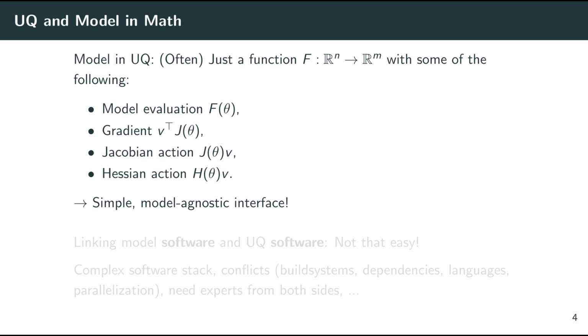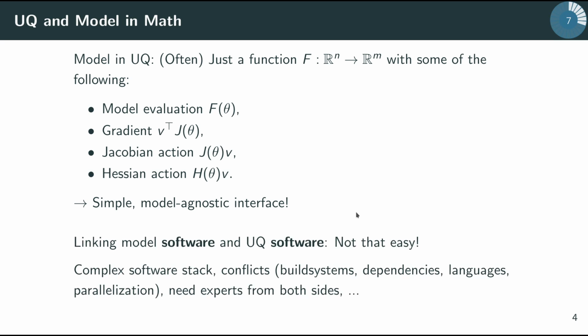But despite this rather promising model-agnostic interface, in practice, it really doesn't play out like that. The UQ community, for example, has very different requirements than the numerical simulation community, which leads to different programming languages being used. It also means we can have, due to building complex software stacks out of UQ and simulation, complex dependencies, conflicts in there.